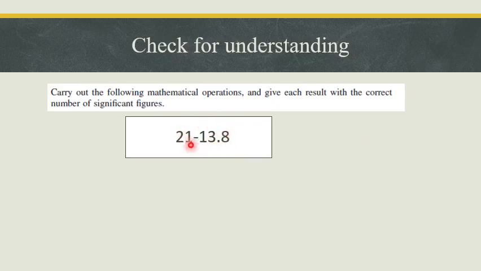This is subtraction, so we have to use our rule, which is the least number of decimal places. 21 has no decimal places, so our answer shouldn't have any decimal places. There is 1 decimal place here, but we have to go with the least precise. So 21 minus, I will just round it, 13.8 can be rounded to 14. So 21 minus 14 will be 7. So your answer should be 7.